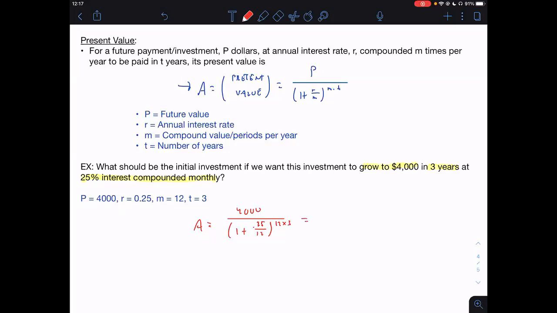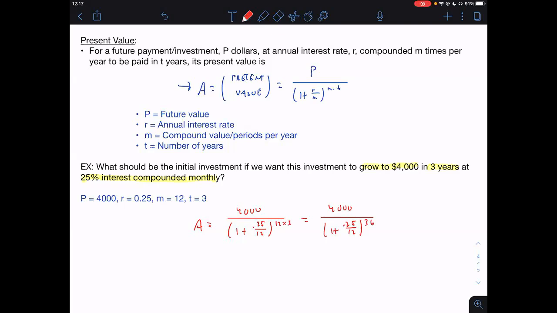In other words, we're going to take 4,000 and divide this by 1 plus 0.25 divided by 12 raised to the 36.